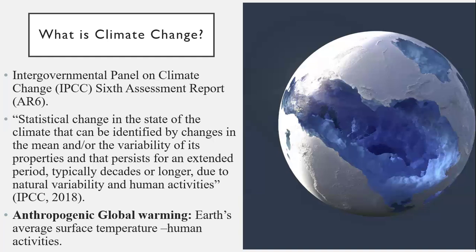The terms climate change and global warming are often used interchangeably, where global warming refers specifically to the rise in the Earth's average surface temperature due to human activities that generate greenhouse gases.